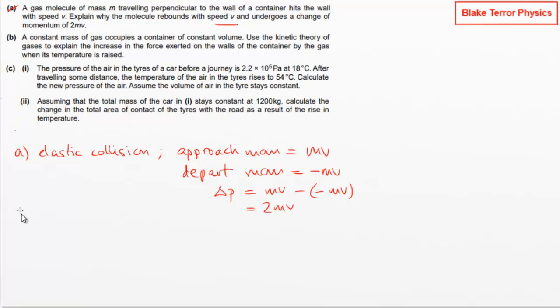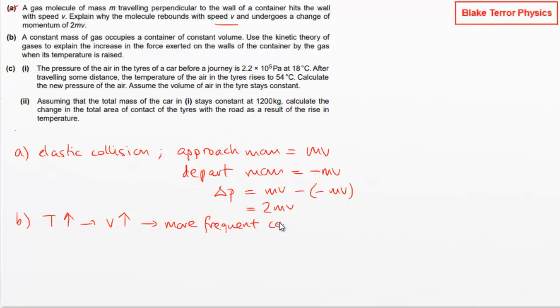Obviously put this in sentences: as temperature goes up, the velocity of the molecules in the gas, the particles in the gas, will go up. That means we're getting more frequent collisions with the walls because everything's moving quicker.